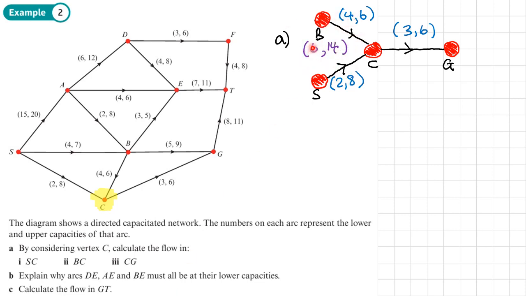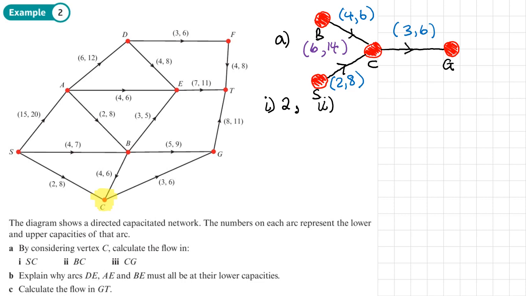So I've got to have a minimum of 6 flowing into C. Now, that matches the maximum of 6 flowing out of C. So these arcs, BC and SC, are going to be at their minimum, and arc CG is going to be saturated. So that now tells us what our answers are going to be. Part 1, the flow in arc SC, that's going to be at its minimum, so that's 2.